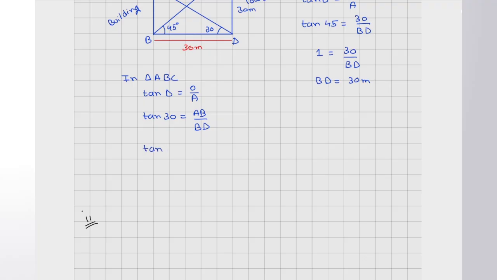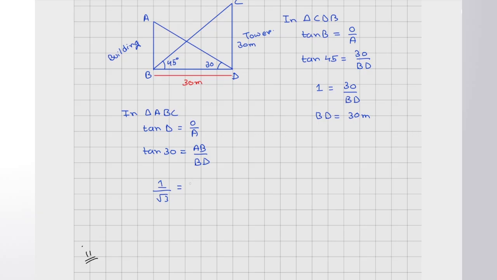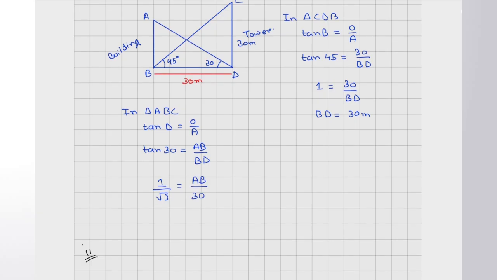Tan 30, now we'll write the value of tan 30, which is 1 by root over 3. Good. What is the value of AB we don't know, by what is the value of BD, which is 30.